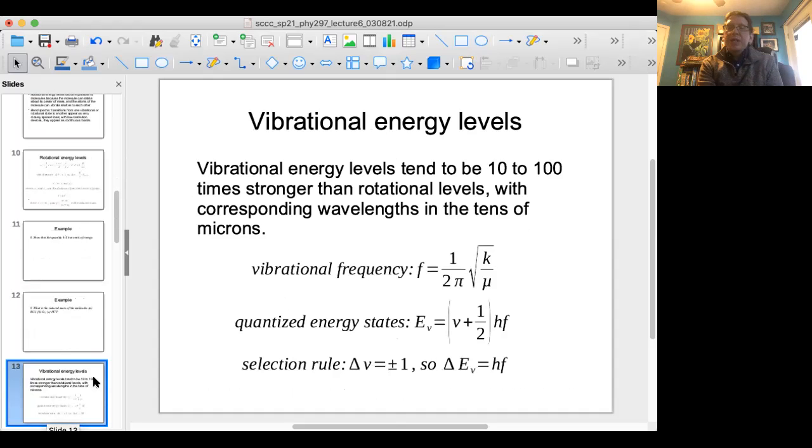As for the vibrational energy spectrum, vibrational levels tend to be much more energetic, 10 to 100 times more energy than rotational levels, with corresponding wavelengths in the tens of microns. That's fairly important because that's typically the kind of energy that the Earth emits from its surface.